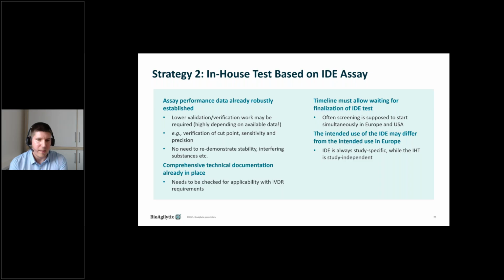We may dramatically reduce the scope of work by not resetting the cut point, but just verifying cut point, sensitivity and precision. If stability has been demonstrated, there wouldn't be a need to repeat it. Also, the comprehensive technical documentation would already be in place. So there could be a lot of work that could be taken over from that assay already.